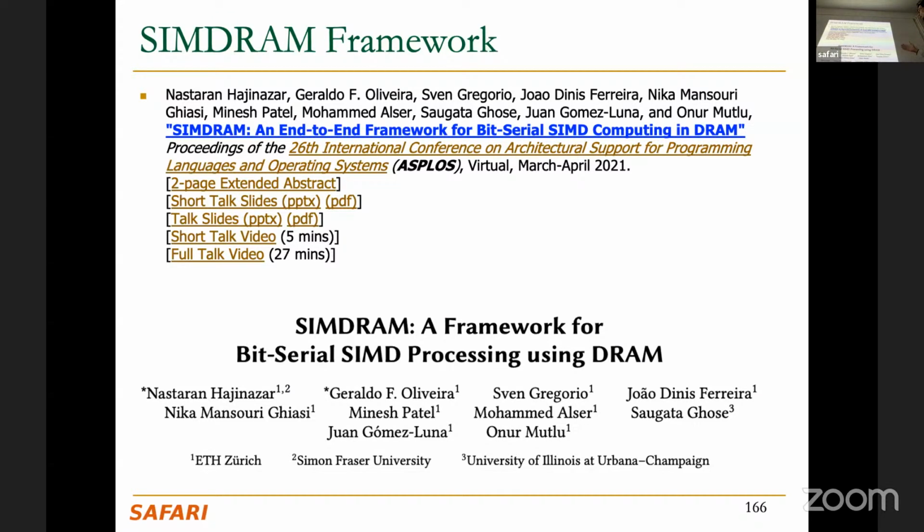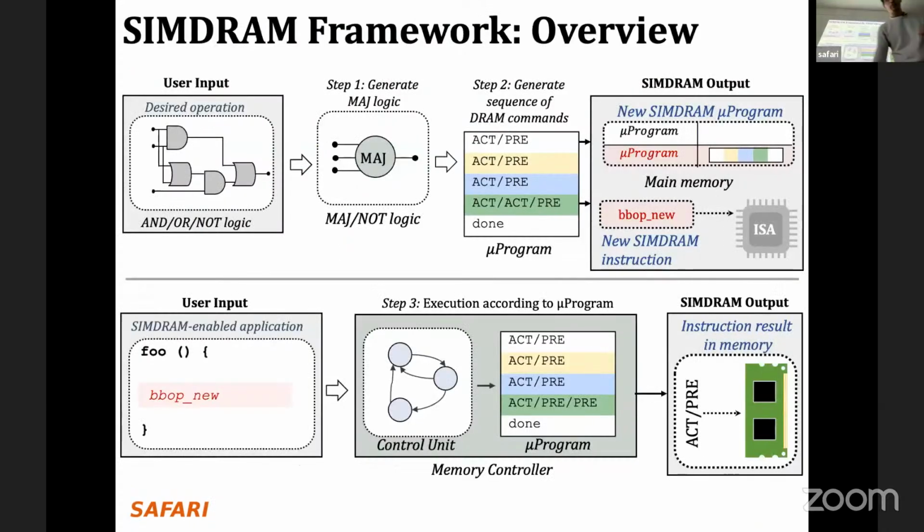SIMDRAM proposes an entire framework to implement complex operations using these processing-using-DRAM techniques. I'm going to very briefly explain it, and after that, I think we'll be mostly done. I think it's interesting because you are going to understand how it's possible to make use of DRAM and this triple row activation to compute complex operations such as additions, multiplications, or basically anything else.